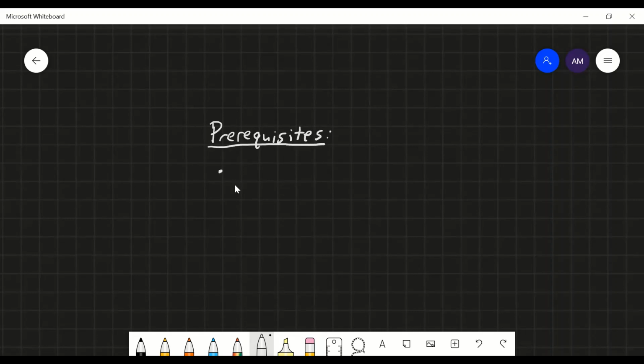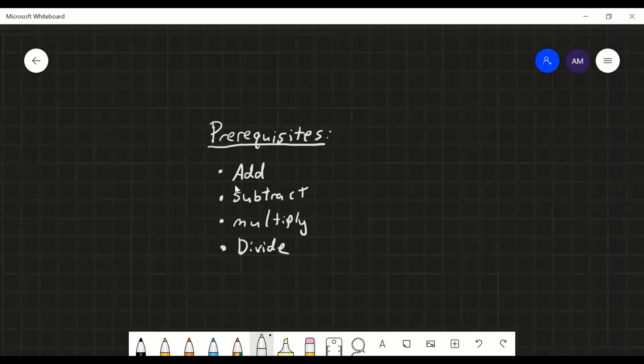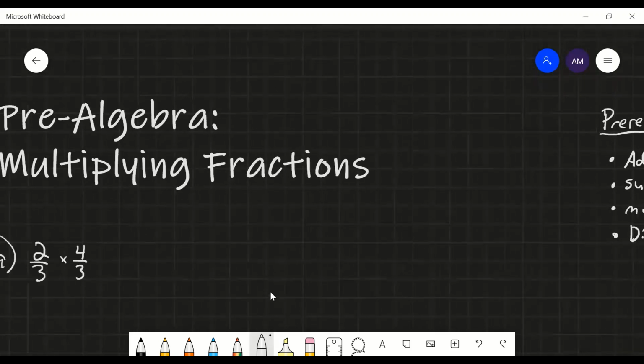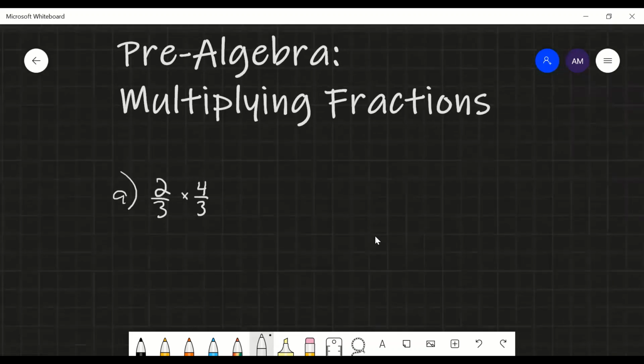I hope that you at least know how to add numbers together, how to subtract numbers, how to multiply numbers, and how to divide. Basically, that's all you need. As long as you know how to add, subtract, multiply, and divide, I think this should go pretty well. So with that aside, let's begin our first lesson, which is multiplying fractions.